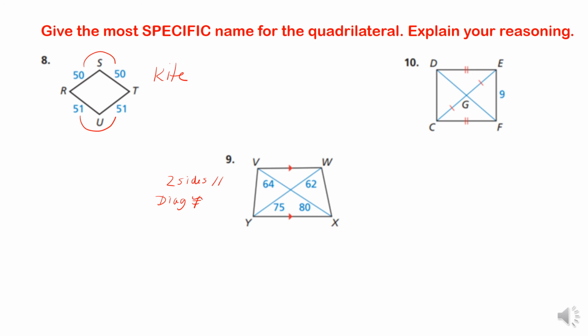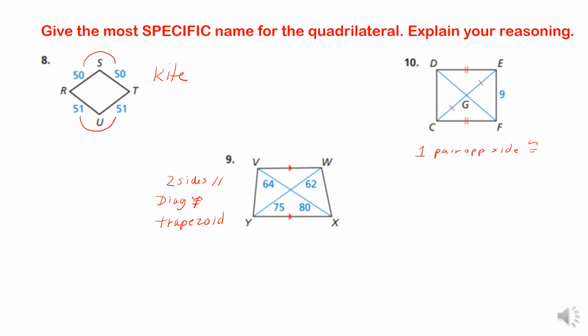They also do not bisect each other, so this has to be a trapezoid. Really important: the diagonals help in a lot of cases. Over here, we know that we have one pair of opposite sides congruent, and one diagonal is cut in half, but it doesn't tell us about the other one.